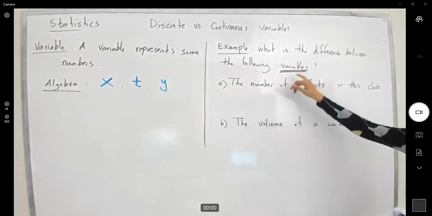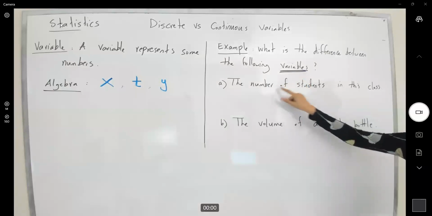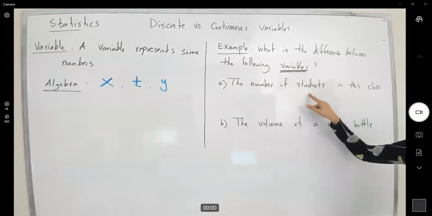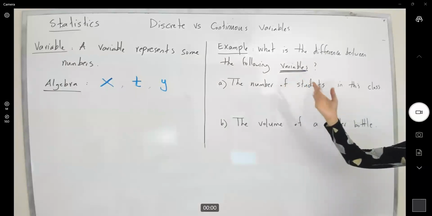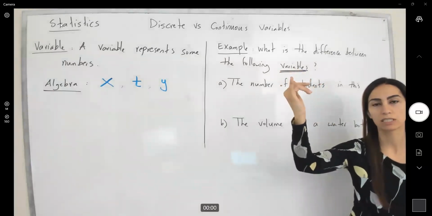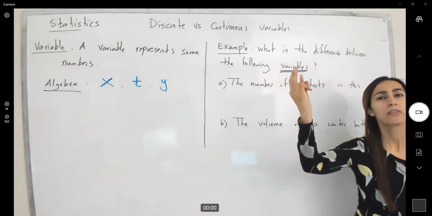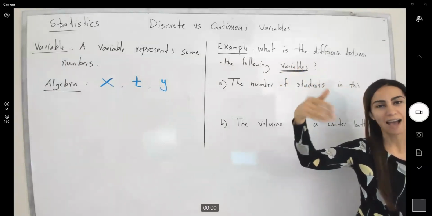So here, I'm saying that I have a variable. What is that variable? The number of students. Can I count the number of students in this class? 1 student sitting in this class, 2 students, 3 students, and so on.